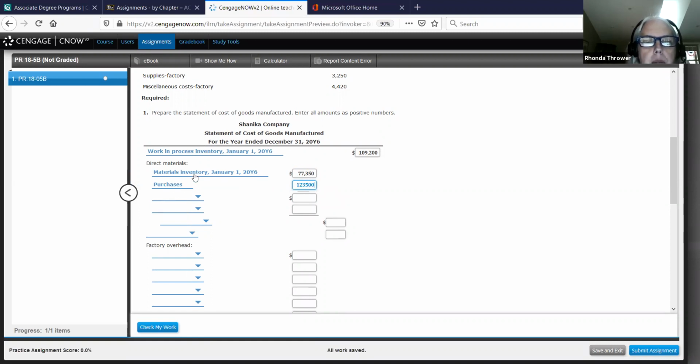When we take our beginning inventory and our purchases and we combine them together, it'll give us the total materials that we have available to use, cost of materials available to use, and it's the total of these two items.